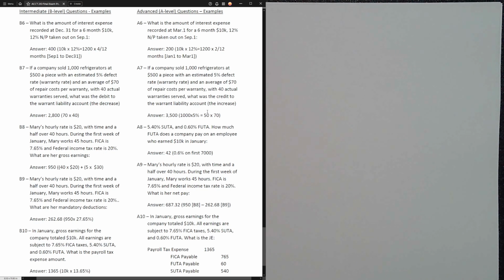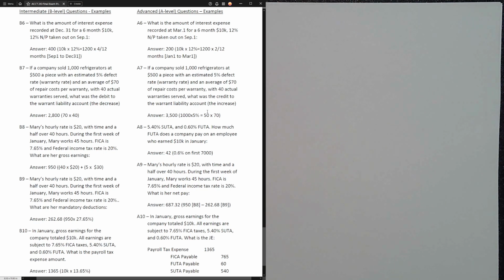Basically what we're saying is even though you have a 6-month loan, if the loan goes over the end of the year, you're going to have to split up the interest expense between the amount of interest expense in the first year versus the second year, and it's going to be basically prorated by months.